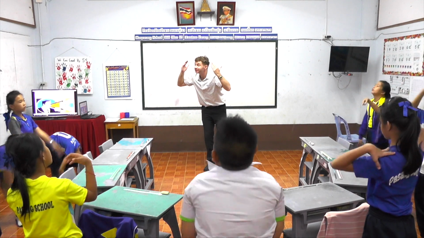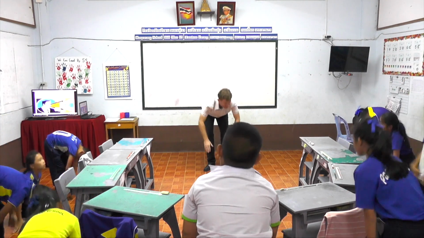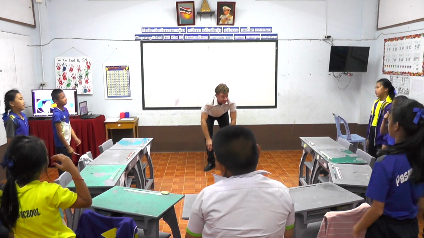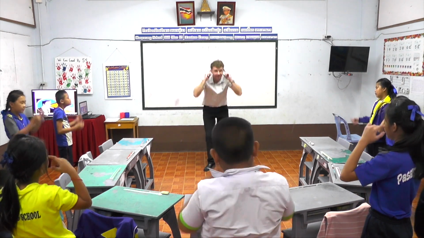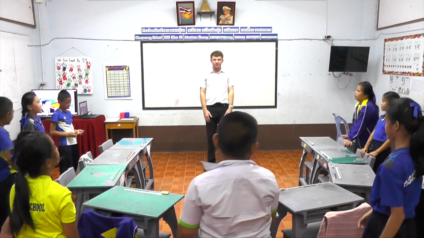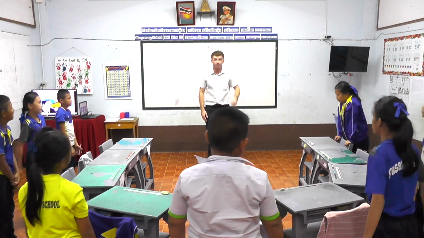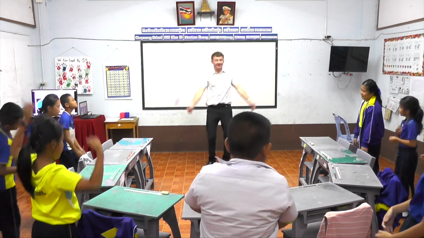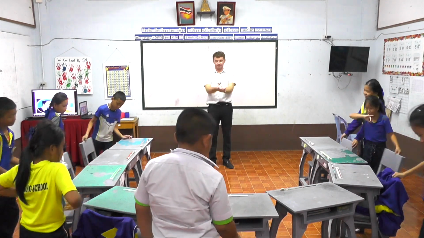Head, shoulders, knees and toes. Knees and toes. Eyes and ears and mouth and nose, head, shoulders, knees and toes, knees and toes. And to finish, let's do 5 jumps straight off. 1, 2, 3, 4, 5. Excellent, guys. Have a seat.